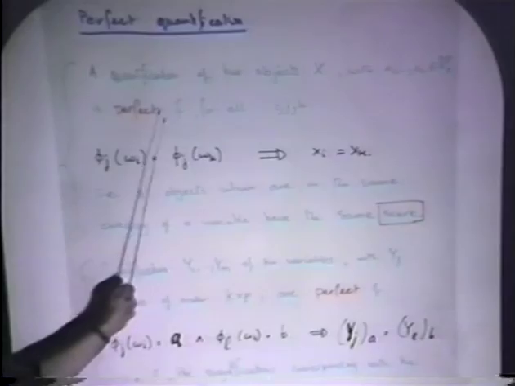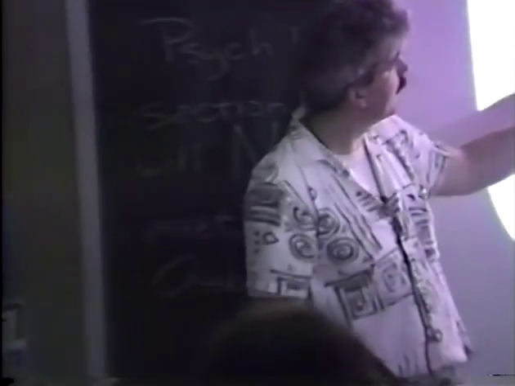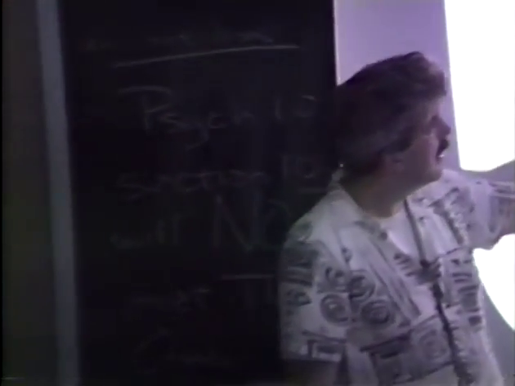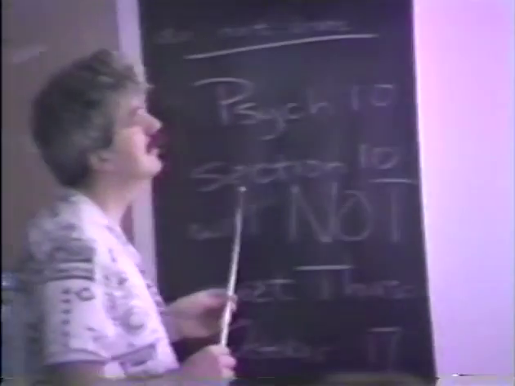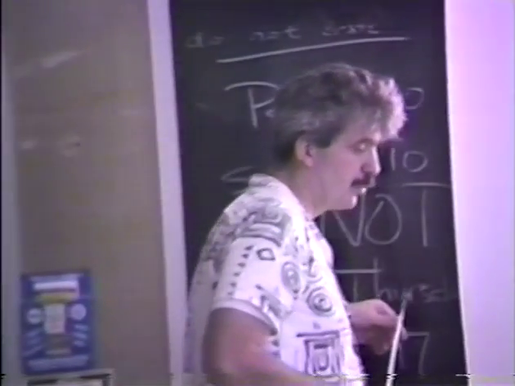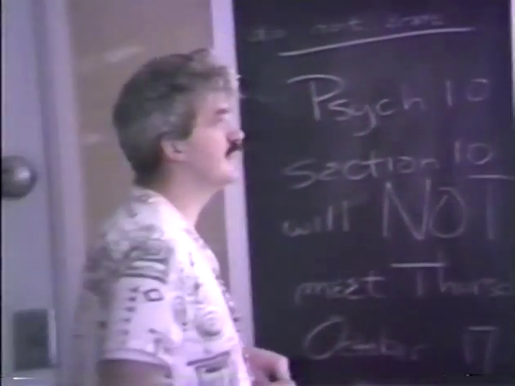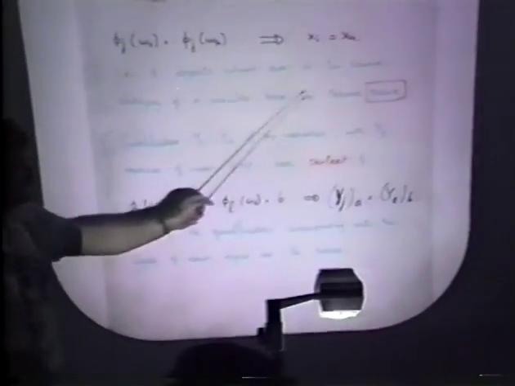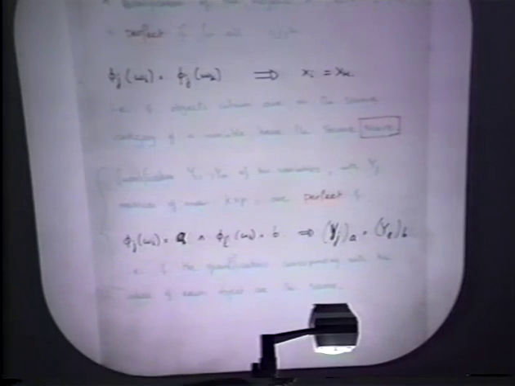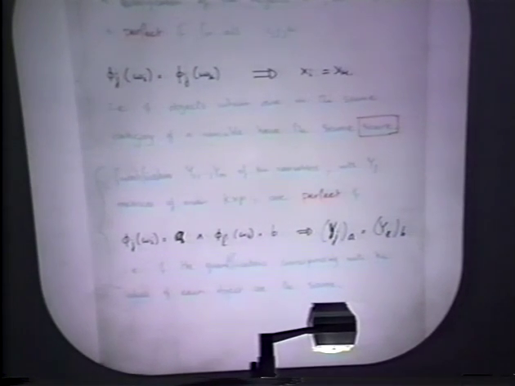Such a quantification is perfect if, for all i, j, and k, the value of object i on variable j is equal to the value of object k on variable j, then the quantification should also be the same. So if two objects are in the same category of a variable, then they should get the same quantification. All Protestants should have the same quantification, and all Catholics should have the same quantification. If objects which are in the same category of a variable have the same score, we also call that a score if it refers to objects. Object score.